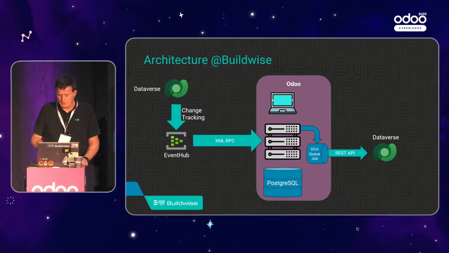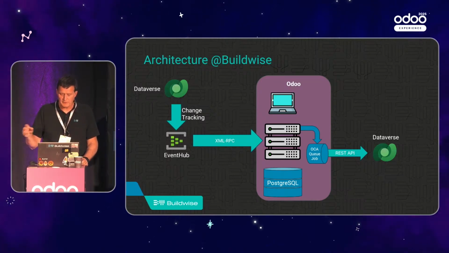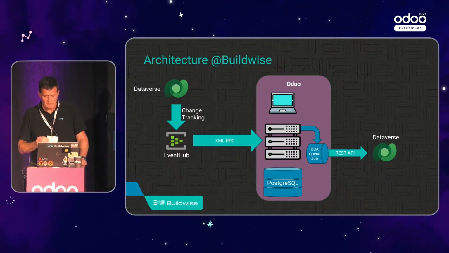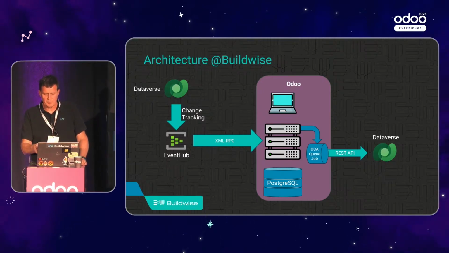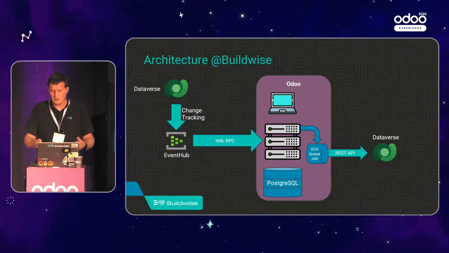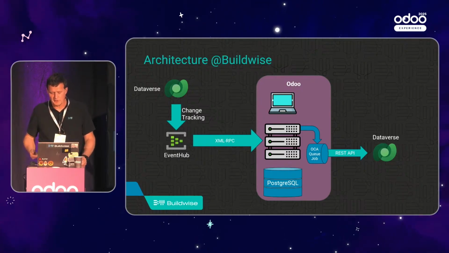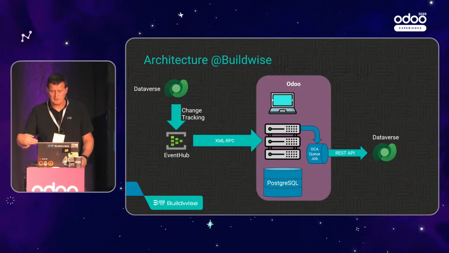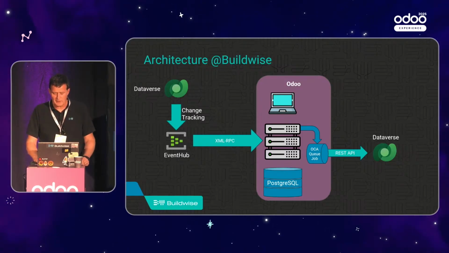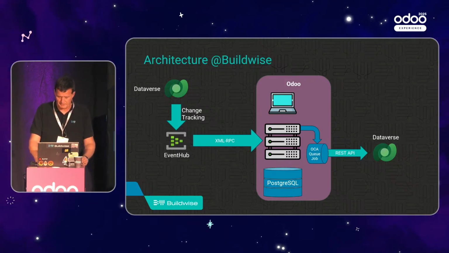This job is just using the REST API provided by Dataverse to send the data. So if Dataverse is not responding or is off, the system will still work. We will just have the events stored as a queue in the OCA queue job, and as soon as Dataverse is back up and running, we just have to replay that information.